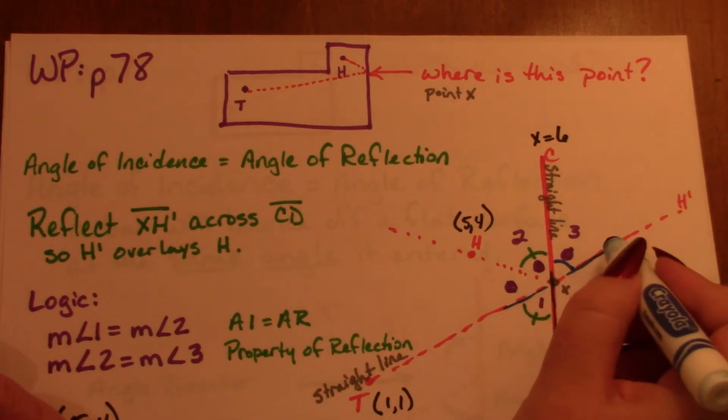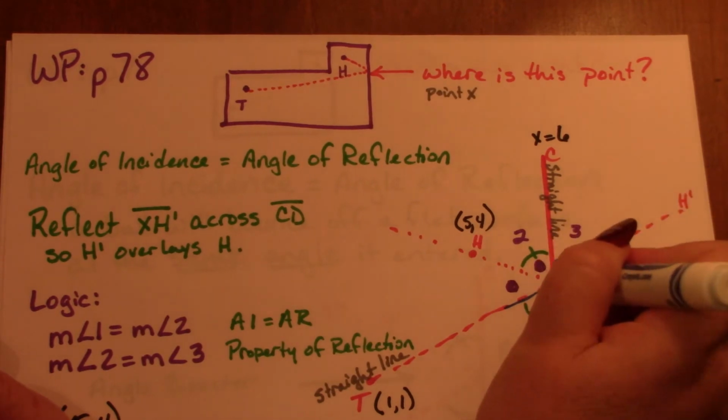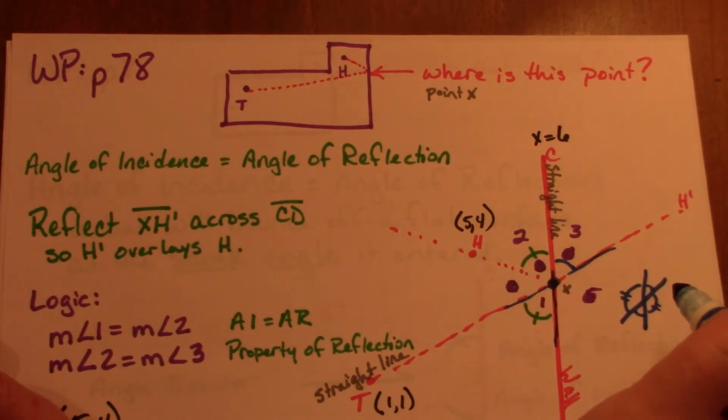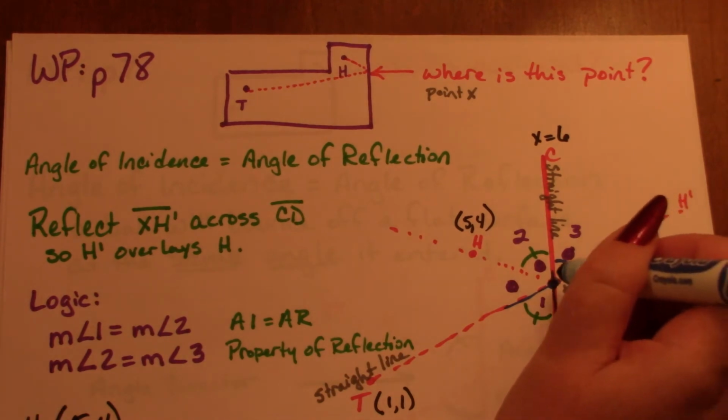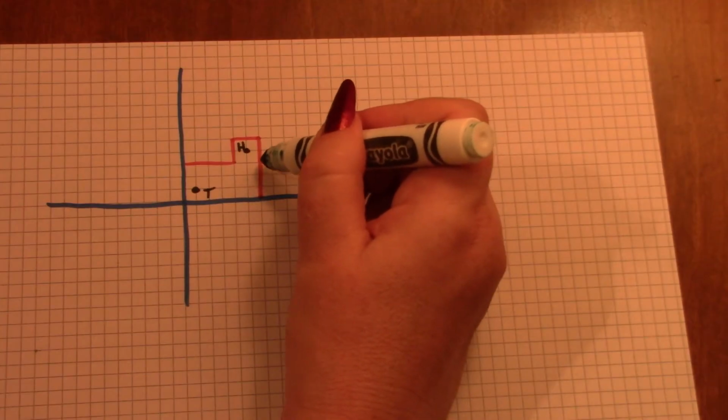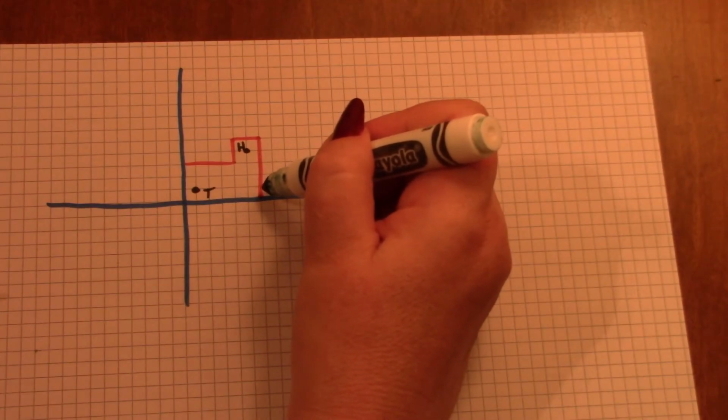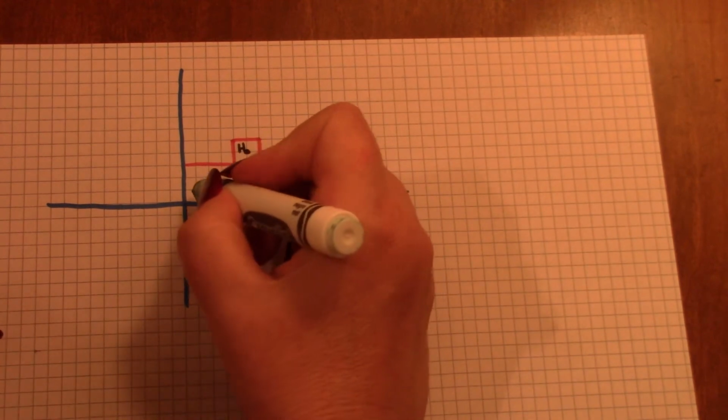Now, I know that I need to find this point on the coordinate plane. I need to know exactly where I'm aiming this ball to hit the wall. When we look at this on a coordinate plane, it's a little bit easier to see.